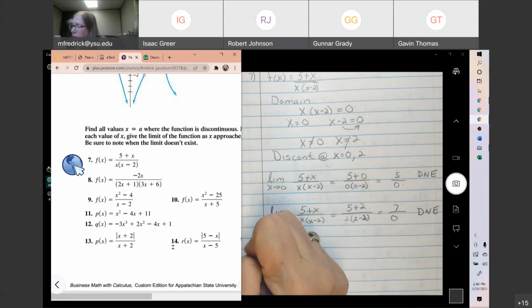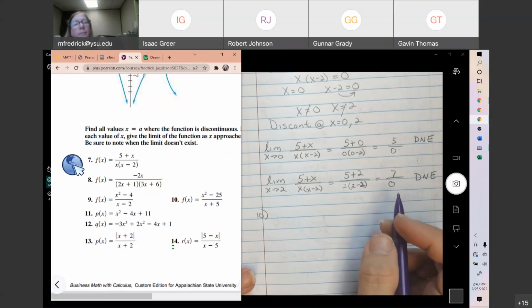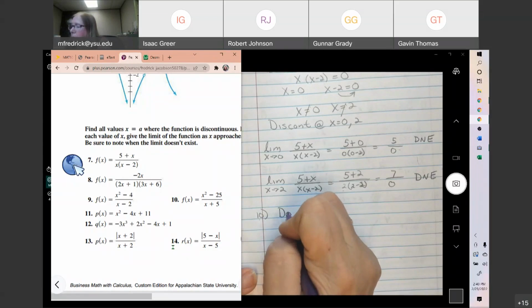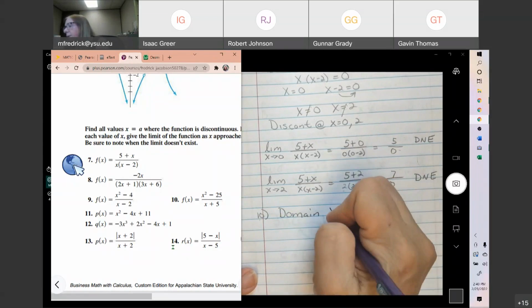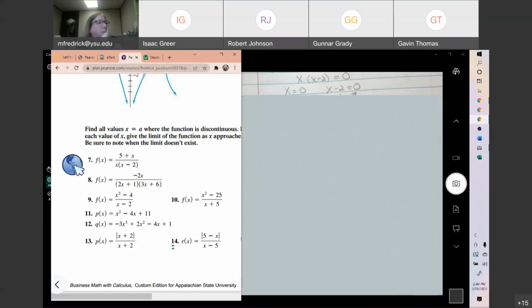Let's look at number 10. First thing, what value is omitted from the domain? What value can x not equal? Anyone? Okay.